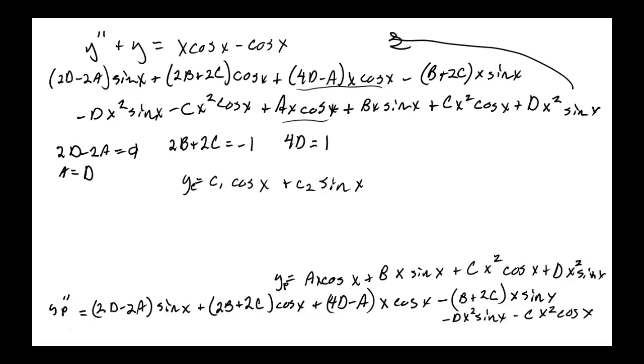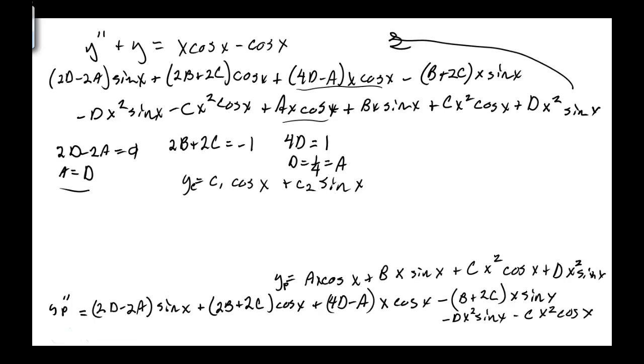So d is equal to 1/4, which means A is equal to 1/4 because A is equal to D. All right, we got those two. So we took care of these.